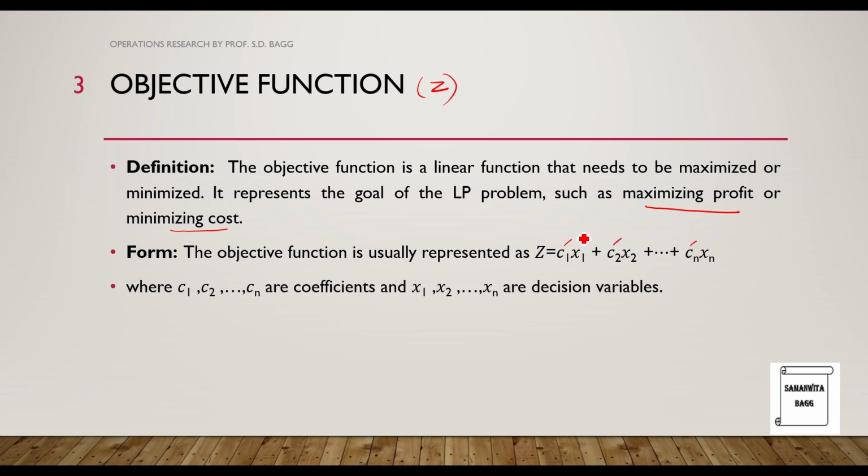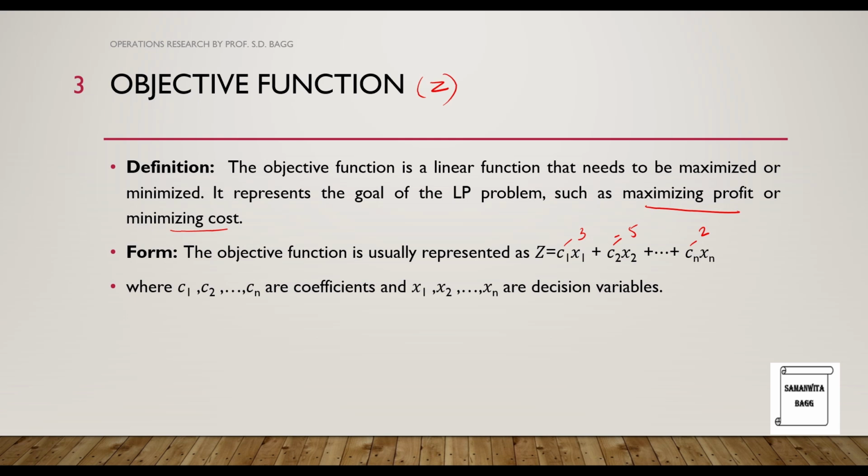They can hold some numbers, for example 3, minus 5, 2, something of that sort. So it will be a number, and x1, x2 up to xn are going to be the decision variables. So once you get the value of the x terms, you will substitute and get the value of z.